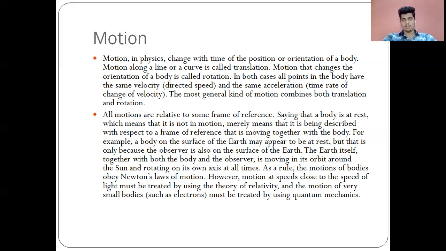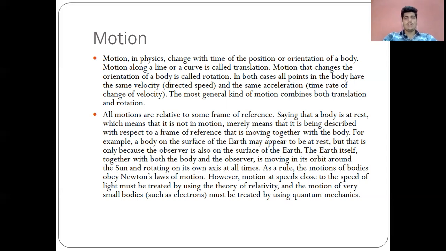Saying that a body is at rest, which means that it is not in motion, merely means that it is being described with respect to a frame of reference that is moving together with the body.